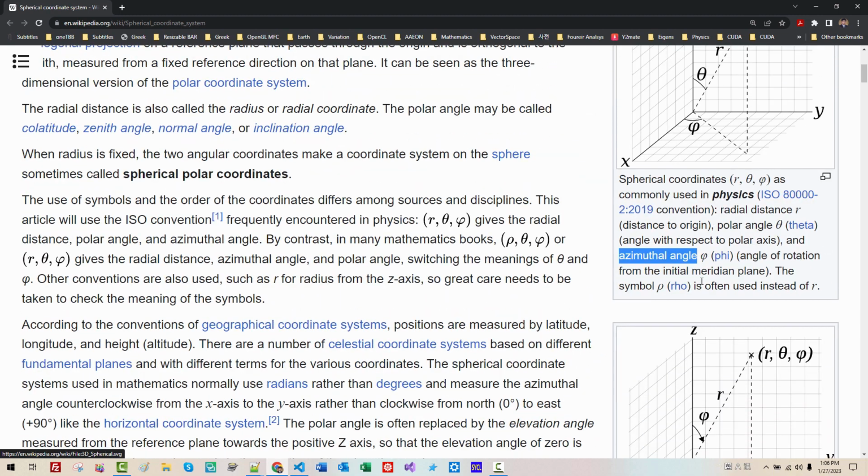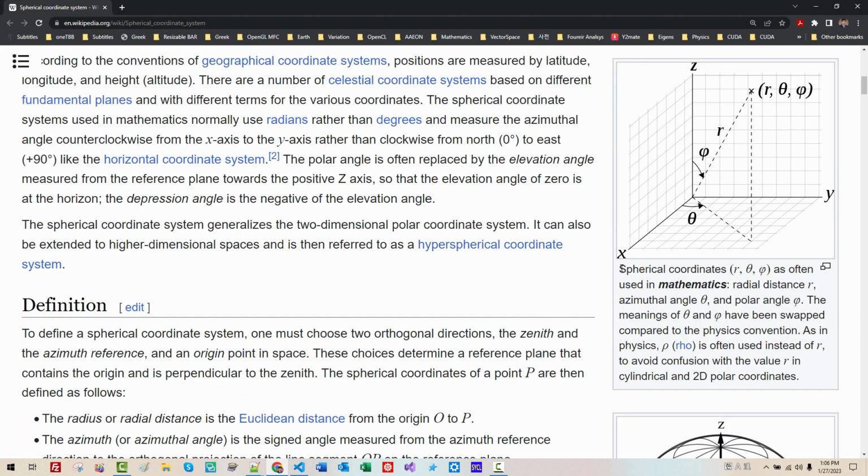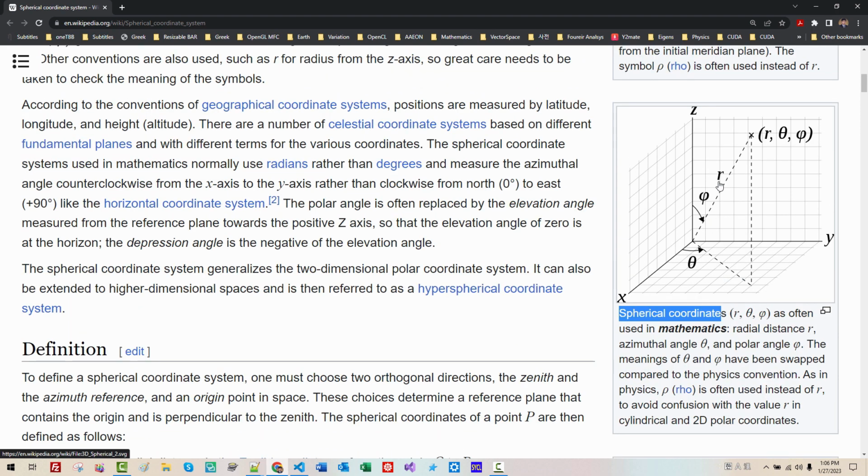Now scroll down. In mathematics, spherical coordinates are represented by r, the radial distance from the origin to a point in space. This phi measured from the z-axis increases downward up to pi. This angle phi is called the polar angle.